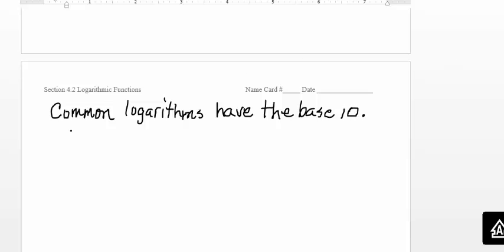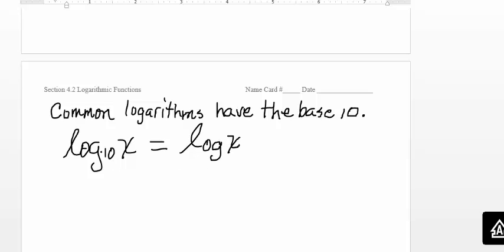In other words, if the base of your log is 10, we simply write log. So if I have a base 10 log of x, I simply write log x. If you see log and there is no base, it's understood that the base is 10. So this is the convention. This is what you'll see.